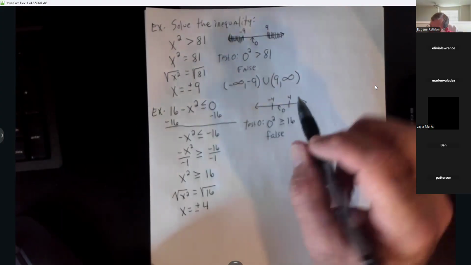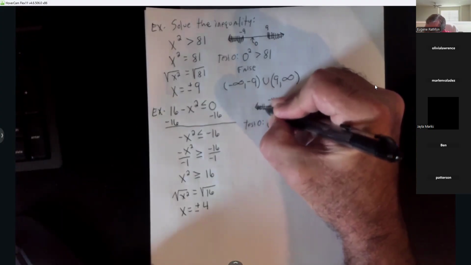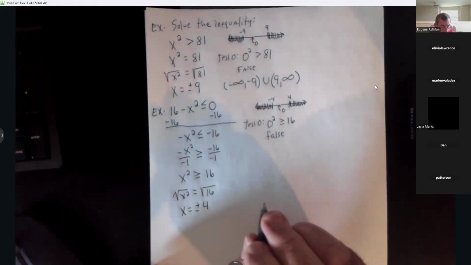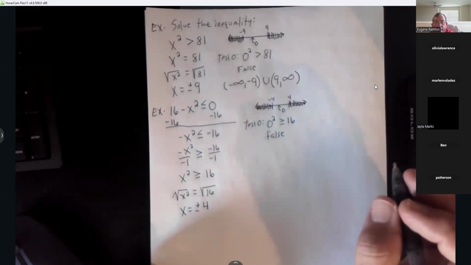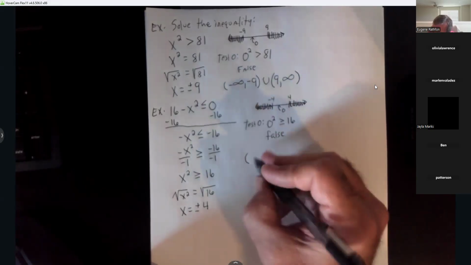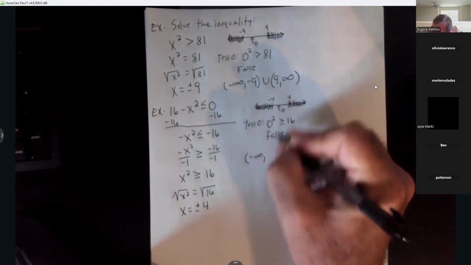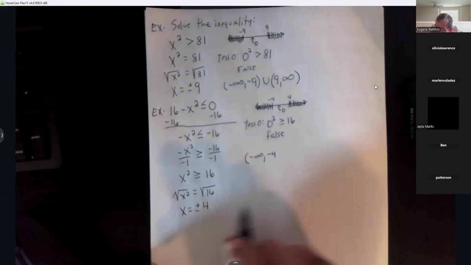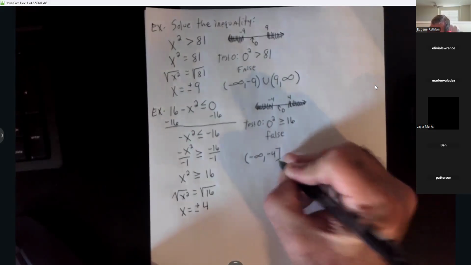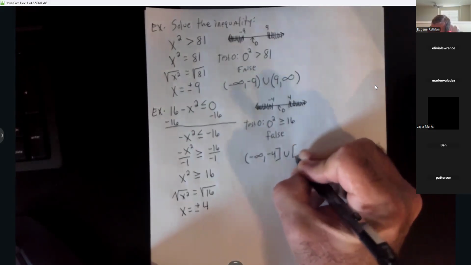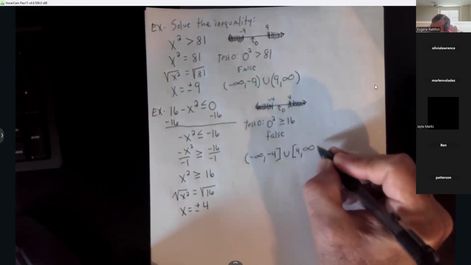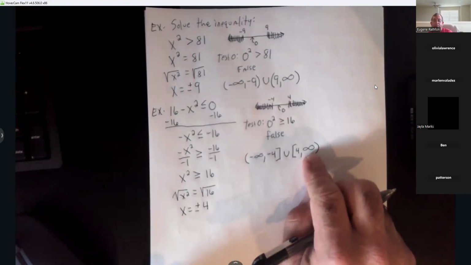Since I'm not shading where 0 was located, I'm going to shade the outer edges. Okay? So that means this interval started at -infinity again until I hit -4. There's an equals here, so we want to use a bracket and then union on the right side from 4 to positive infinity.